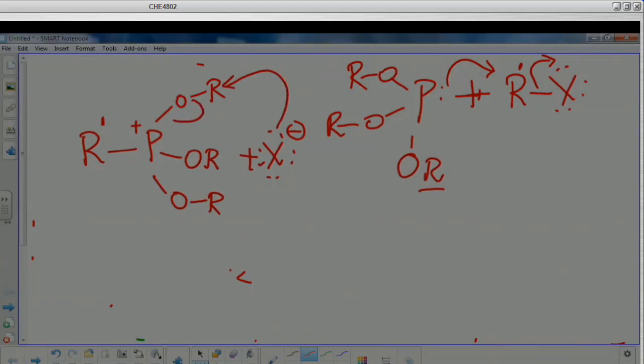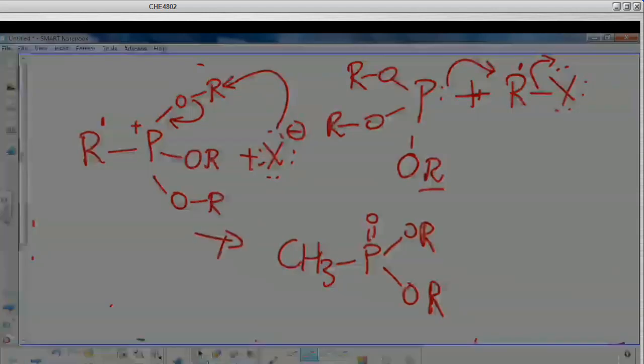But in this case, what happens is that the X attacks R, and then you form this. Then you're going to have, let's say, CH3, PO, then you have O, R, O, R there. You see, that's what you're going to get.